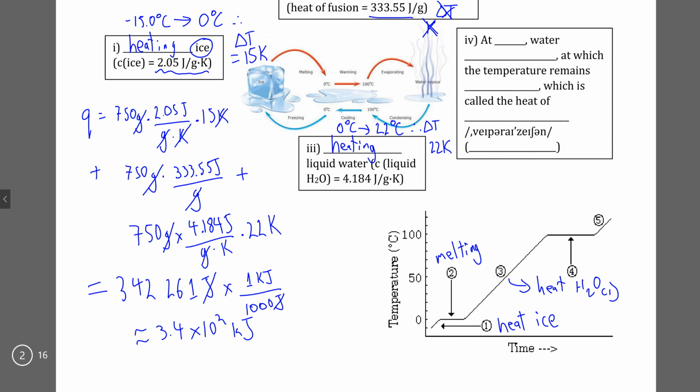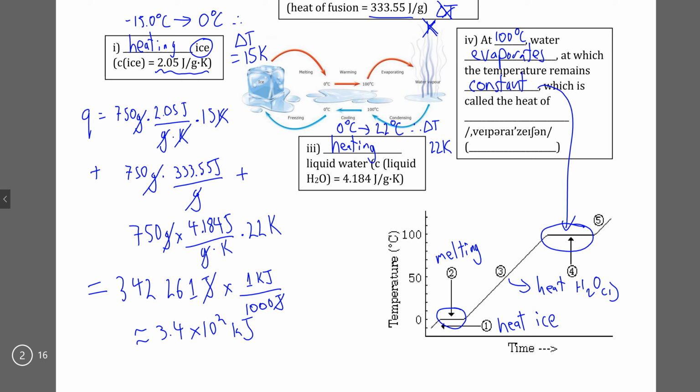Now, if we kept this going, if we wanted to show what would happen to water if we get it above 100 degrees, well, we know at 100 degrees Celsius, water evaporates and water turns into water vapor. And just like with the process of melting, where we consider heat of fusion, the temperature at this point remains constant because, again, we're not increasing the temperature here.